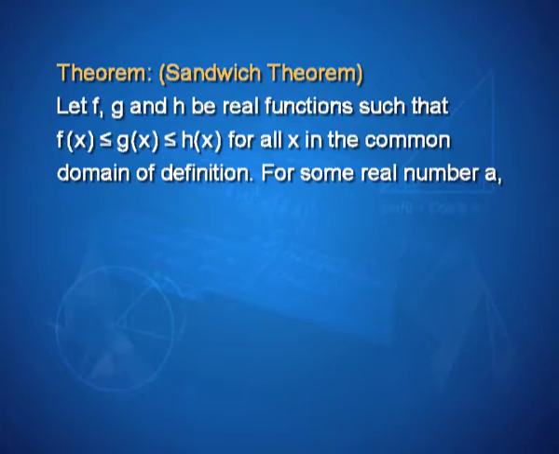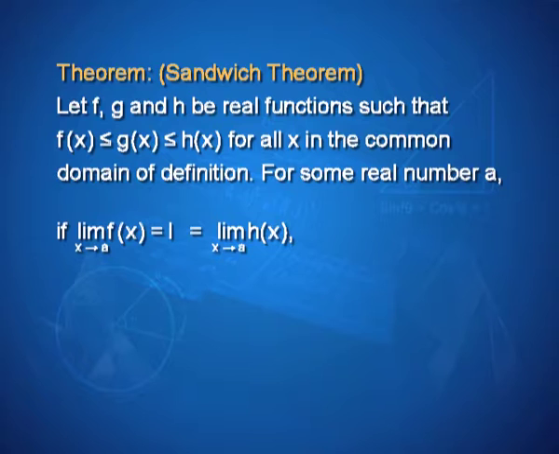Now, theorem number 2, which is also known as the sandwich theorem: let f, g and h be real functions such that f of x is less than or equal to g of x, which is less than or equal to h of x for all x in the common domain of definition, for some real number a.